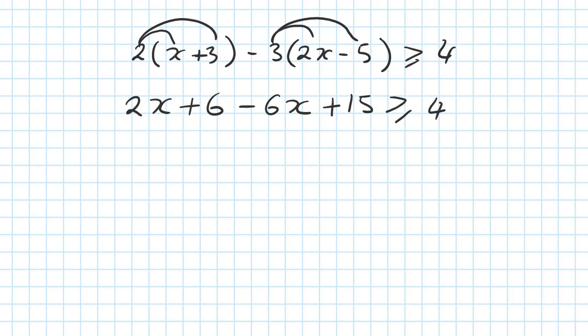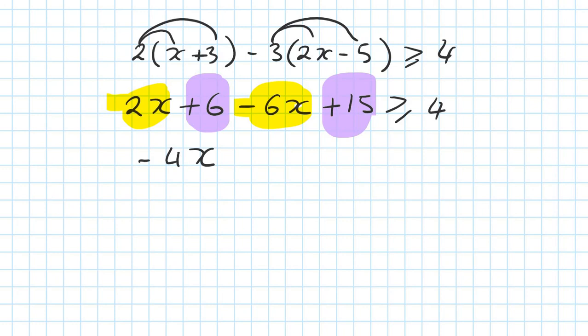Now, what I do is I collect like terms. So 2x minus 6x is minus 4x, and 6 plus 15 is 21, so I write this down: greater than or equal to 4.